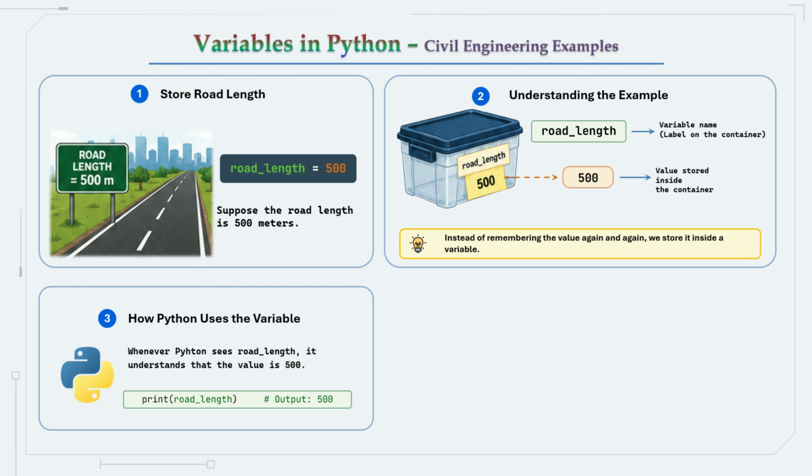When Python reads this statement, it does not display the word road_length. Instead, Python checks what value is stored inside road_length. When Python finds that the stored value is 500, then it gives the output as 500.